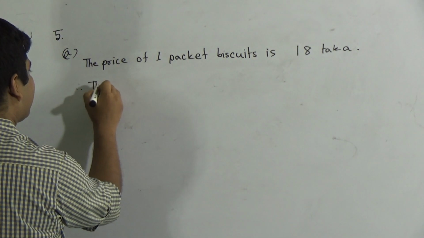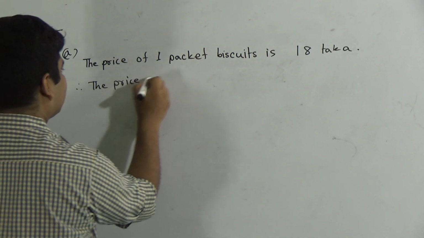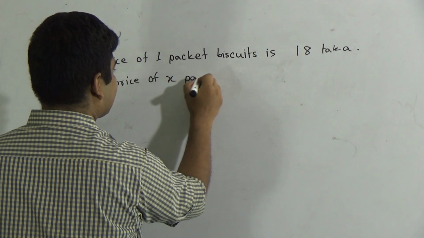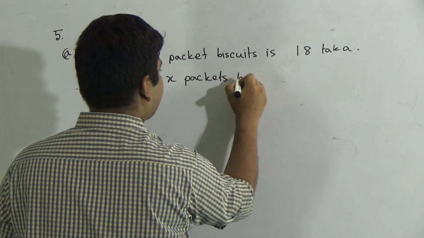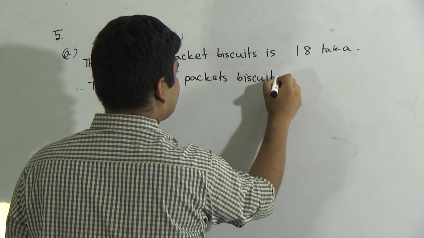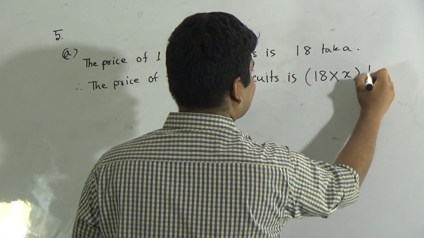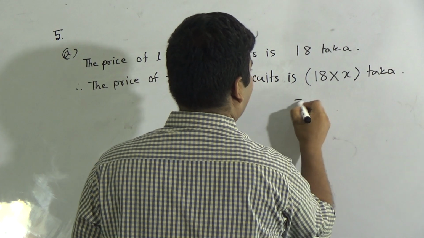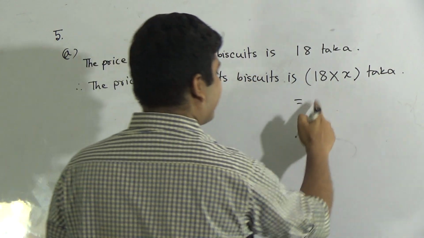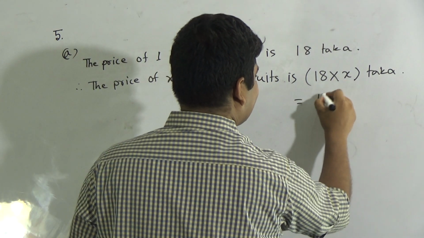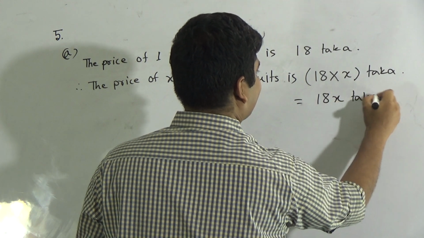Therefore, the price of X packets of biscuits is 18 multiplied by X taka. Now my dear student, we multiply these two, 18 multiply X, then 18X taka.